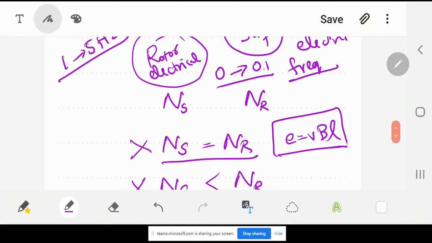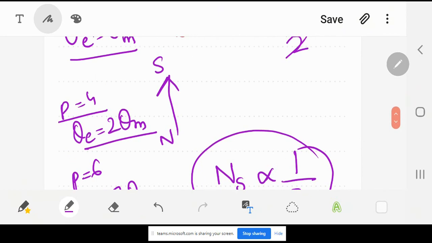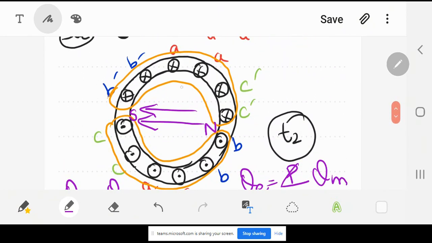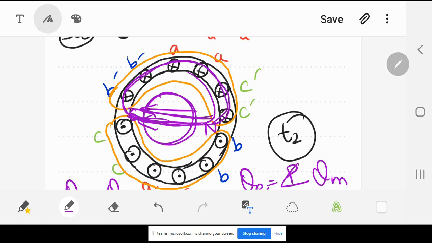The flux, when it is rotating from here, is going to flow through this rotor, which is placed here, and when it passes through the rotor, it is going to return back like this. So when this is rotating like this, the whole flux path is completed, and the magnetic field path is completed over here.